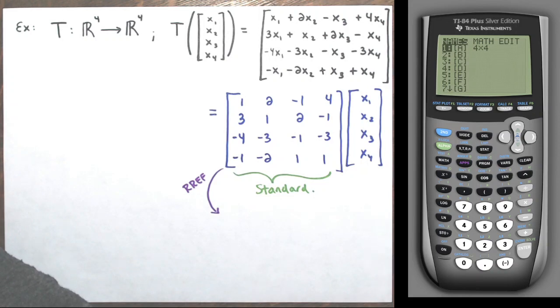Okay, so I've entered my 4 by 4 matrix. Now I'm back in the matrix menu and would like to put this in reduced row echelon form. So I go over to the math area, in the matrix menu again, and scroll until I reach RREF. And don't confuse this with REF.